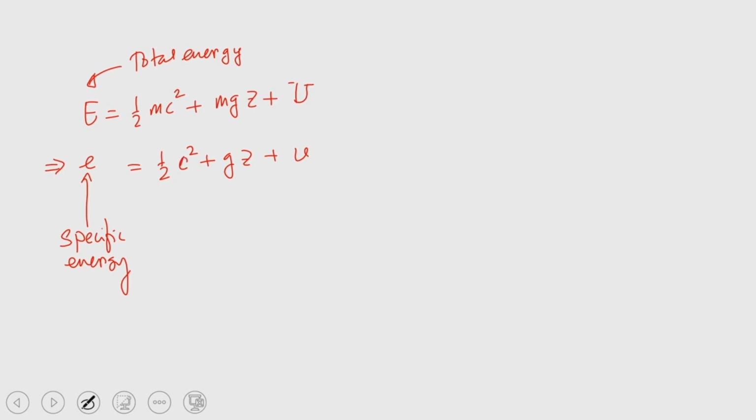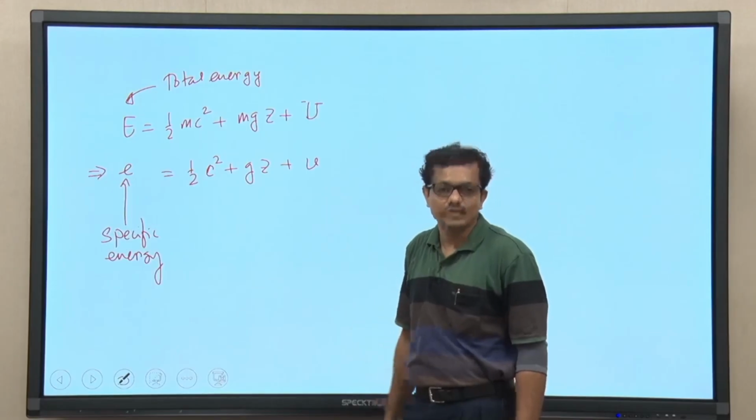Now, we have discussed already that potential energy and kinetic energy are the microscopic manifestation of the mechanical energy, whereas this U, the form of energy other than the potential and kinetic energy, is the intermolecular energy, which is essentially due to molecular rearrangement.